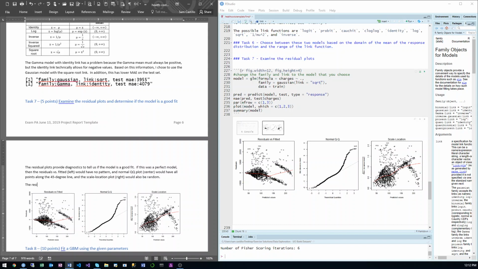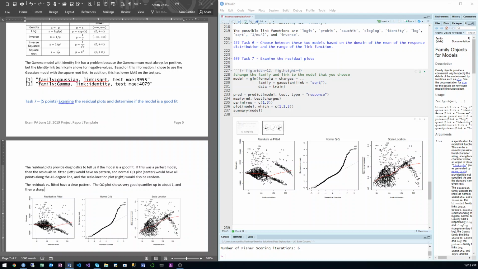The residuals versus fitted have a clear pattern. The QQ plot shows very good quantiles up to about 1, and then a sharp deviation right about here.